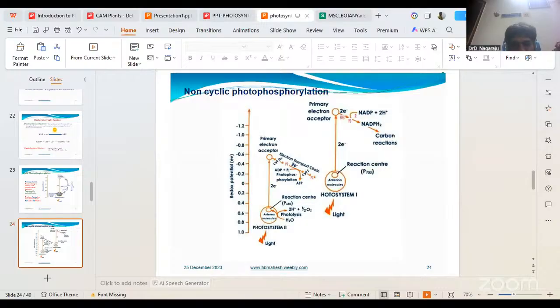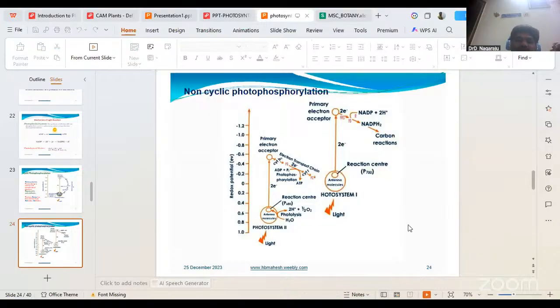Okay, where we are? Here. Then the non-cyclic. Here in the non-cyclic, both PS1 and PS2, photosystem 1 and photosystem 2, participate.